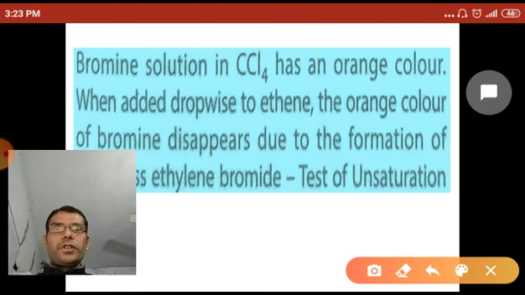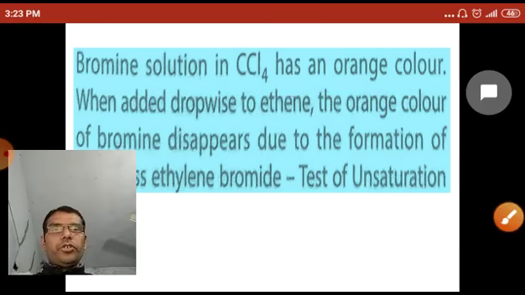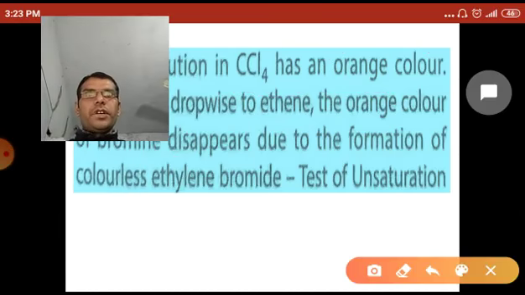Now the bromine solution in CCl4 has an orange color. When added dropwise to ethene, the orange color of bromine disappears due to the formation of colorless ethylene bromide, and this is a test of unsaturation.